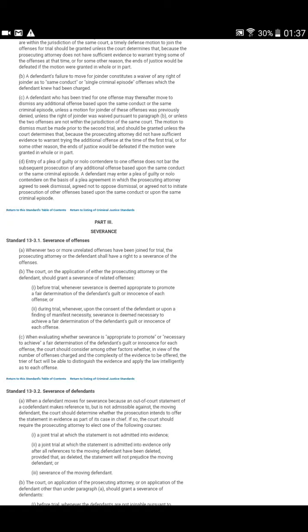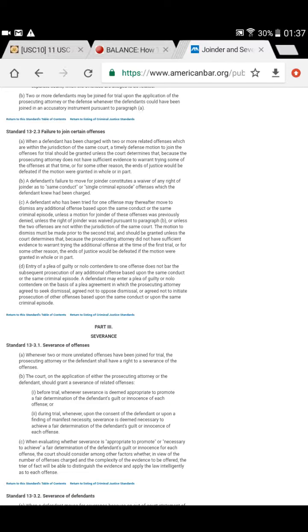Alright, so here it is that the prosecuting attorney can agree to seek a dismissal, right, for a joinder if not opposed, or if it is not agreed to initiate prosecution of other offenses based upon the same conduct or upon the same criminal episode.